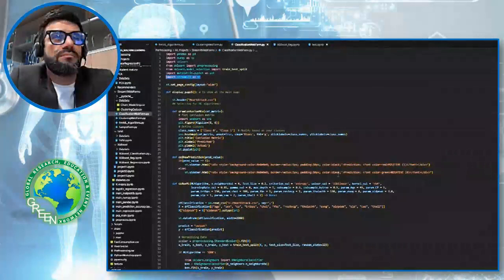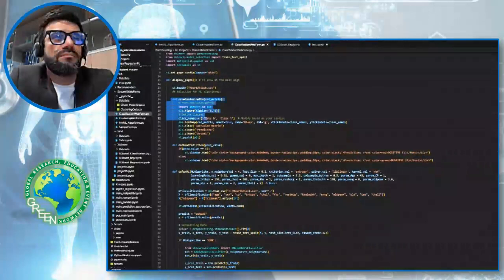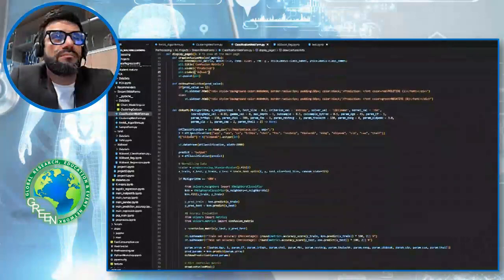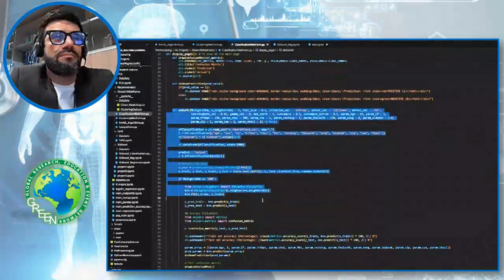I imported a library, Streamlit, and in another part of my code, I have developed a function, draw confusion matrix. It means that some calculation will happen. Or here, I have developed some code to run machine learning algorithms.